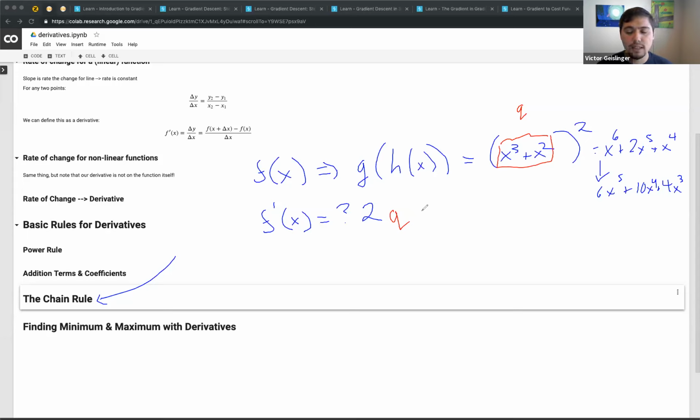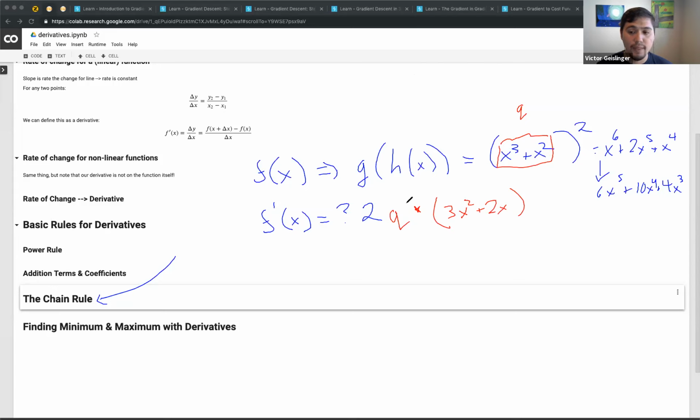But we also need to take the derivative of the stuff inside here and multiply it. And that's really what the chain rule is. So instead of just having this q part, which q would be x cubed plus x squared, we also take the derivative of this part, which is just 3x squared plus 2x.